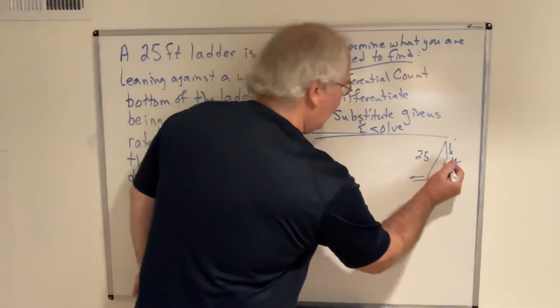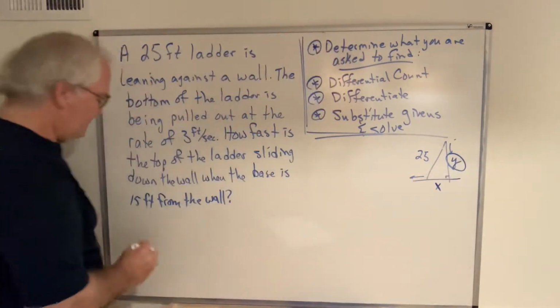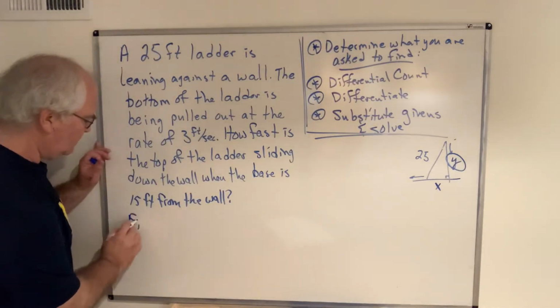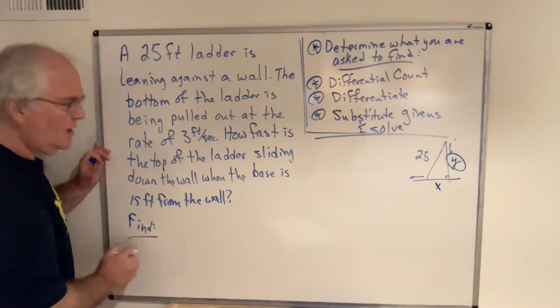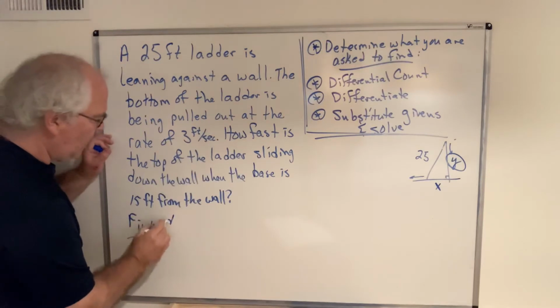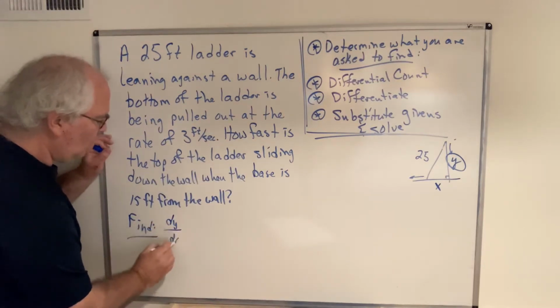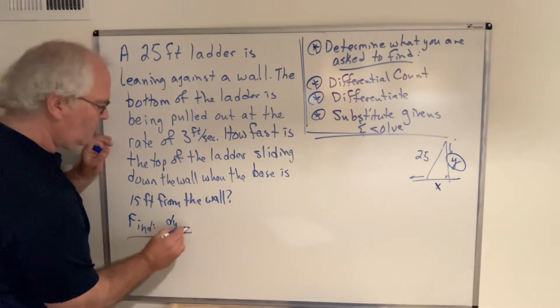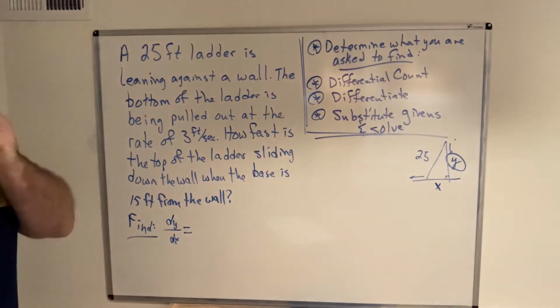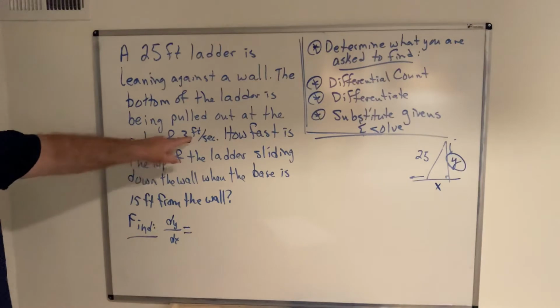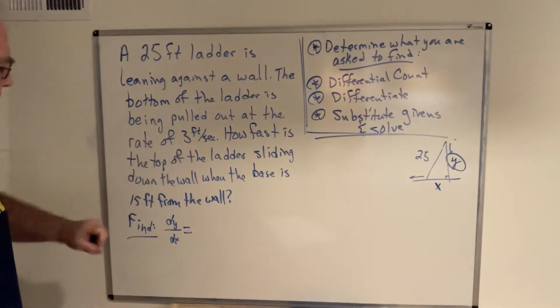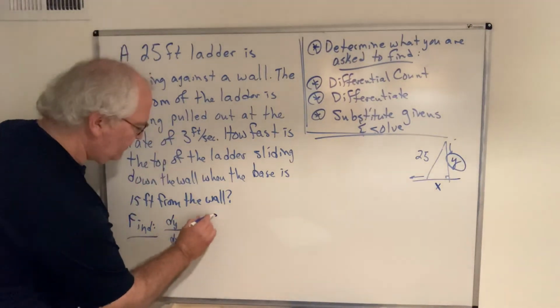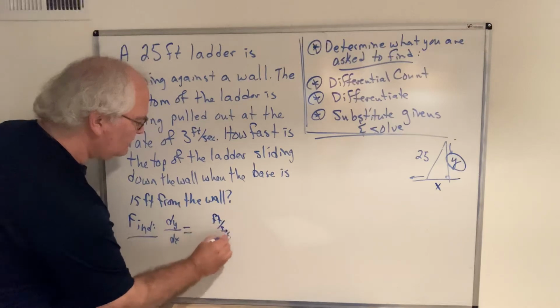We want to find, so we need to find, I want to write this down here, find the rate of change of y, dy/dt. And we might as well go ahead and throw in the units. Notice feet per second. So we're going to have something feet per second.